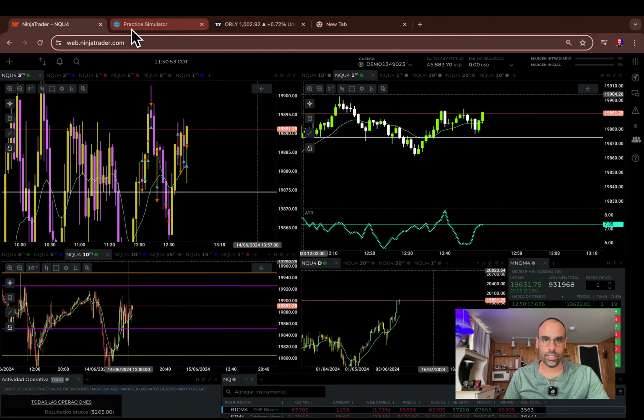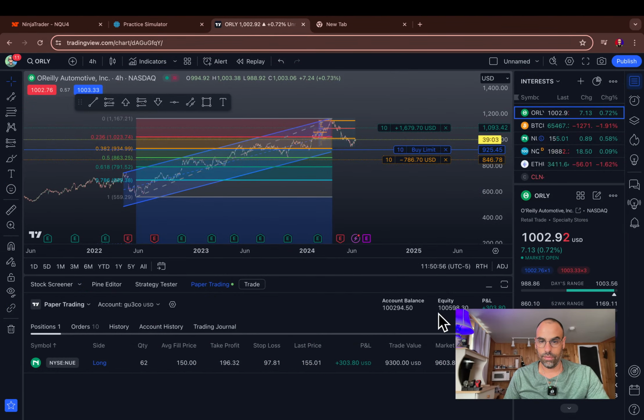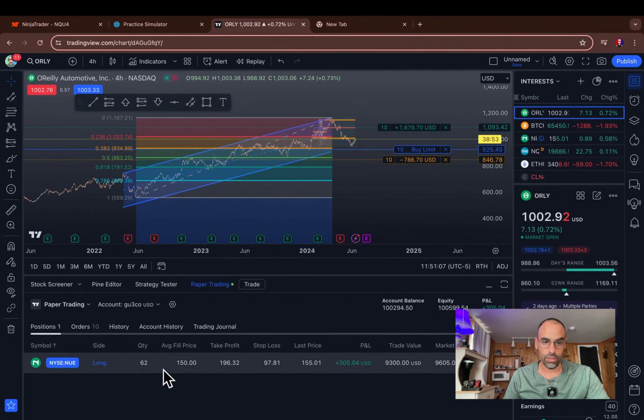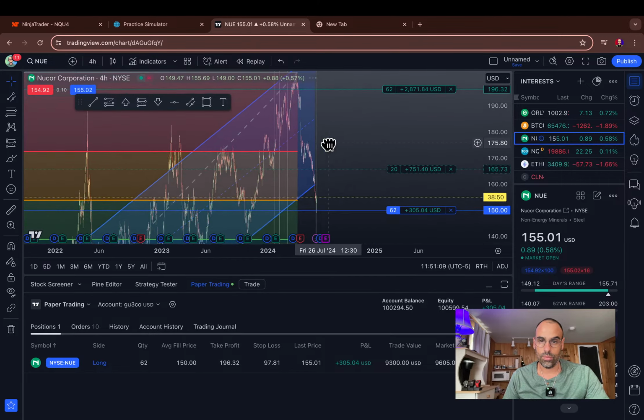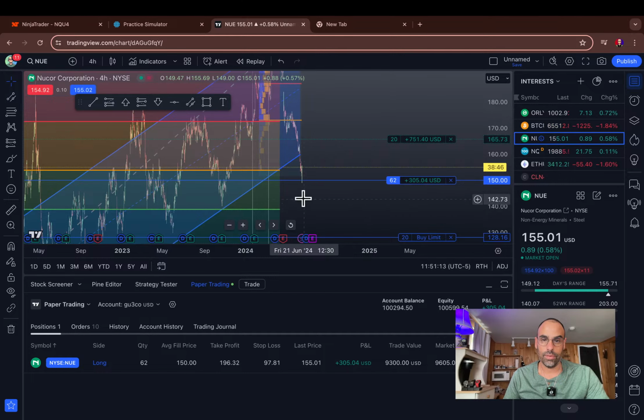I'm not gonna reset these accounts, this one and this one. Even if I lose all my money, I'm not gonna reset it. Looking good right here with this order. As far as day trading goes, I probably should be out, but if I wanted a longer time frame, then hold it.